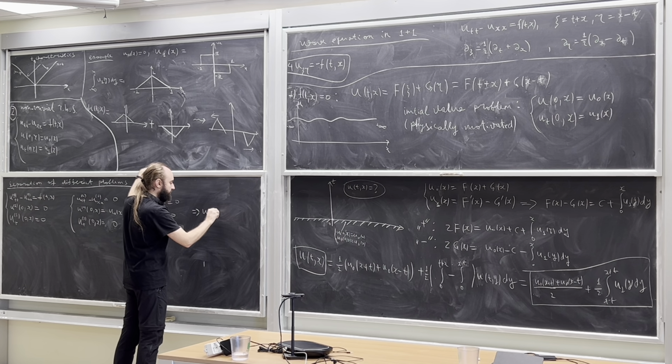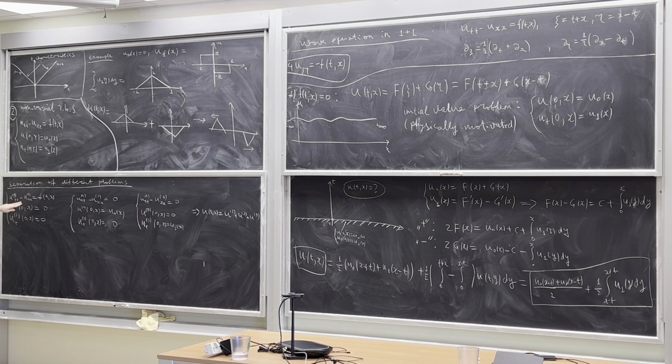So since we know how to solve these two problems, we can concentrate just on this one. So we will study this. And to study it, we can use this change of coordinates.